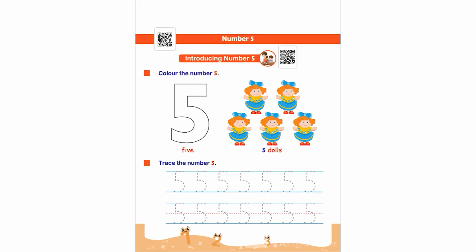Hello everyone. In this worksheet, the topic is number 5. Over here, we are introducing number 5. Color the number 5. So first of all, the child has to color the given number 5. They can use crayons or pencil colors to do the same, like this.